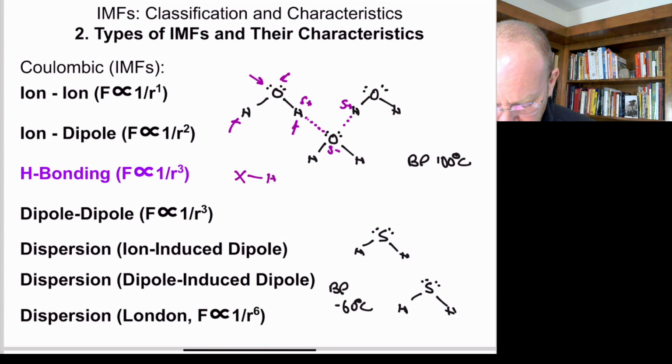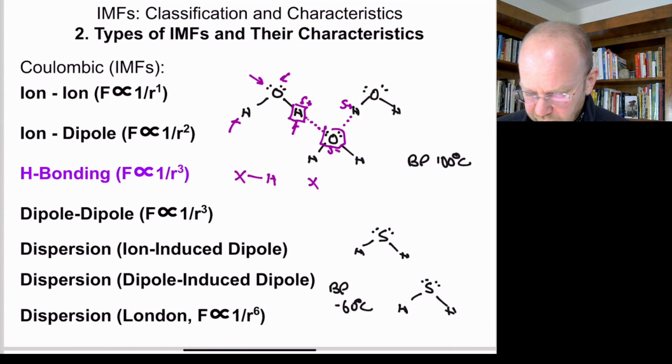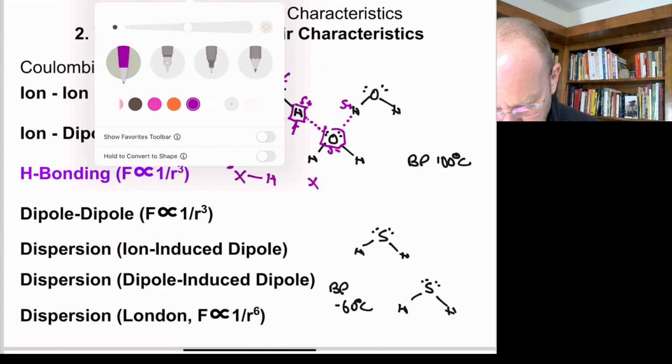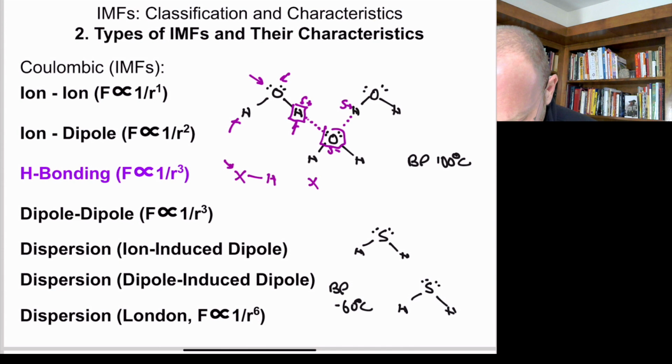So hydrogen bonding only happens in certain situations, between very particular atoms. In a hydrogen bond, you have an interaction between a hydrogen and some other atom, right? And I'm going to be super careful here.